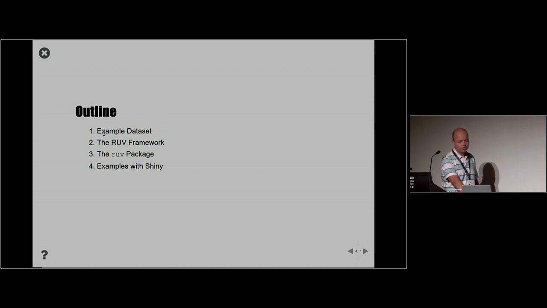So I'm going to first go through an example data set that highlights some of the issues that we're going to be trying to solve. I'll then talk somewhat conceptually about the RUV framework for dealing with the problems of unwanted variation. Then I'll talk a little bit more concretely about the RUV package, and then I'll move on to some examples with Shiny.